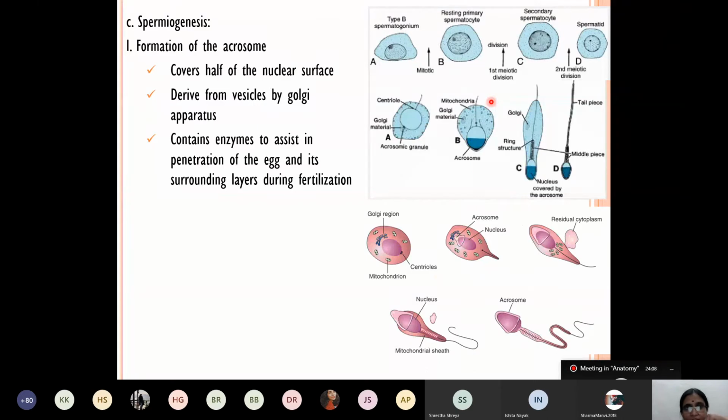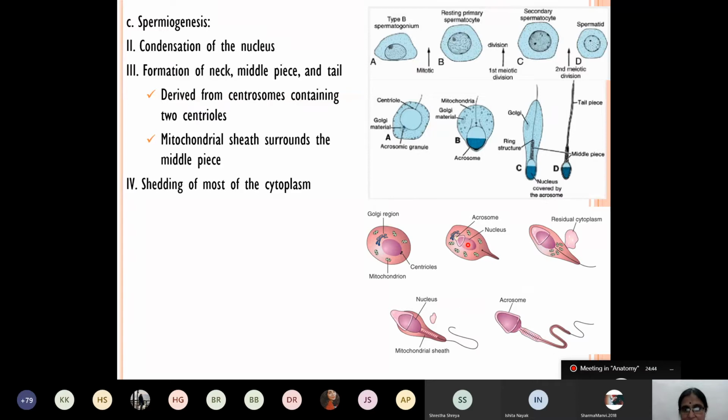Now you can see the spermiogenesis overview, the process of spermiogenesis. First, there is formation of the acrosomal cap, derived from the Golgi apparatus. This acrosomal cap consists of several enzymes responsible for penetration through the granulosa cells to enter into the oocyte during fertilization. Then there is condensation of the nucleus.